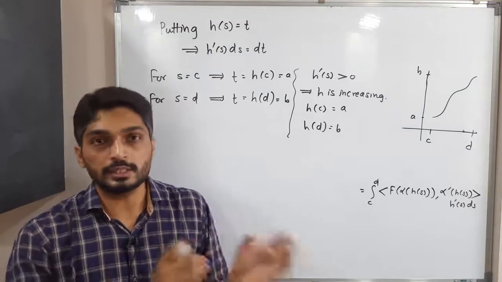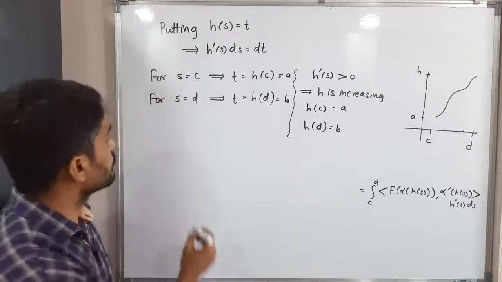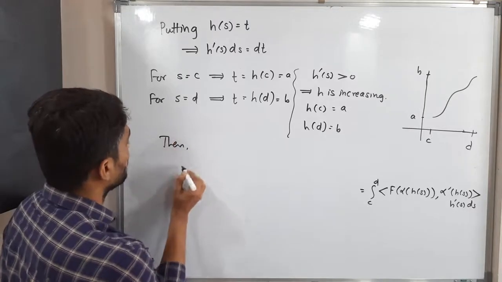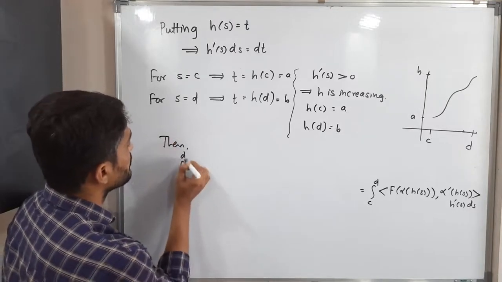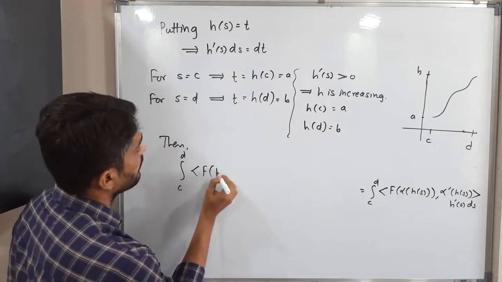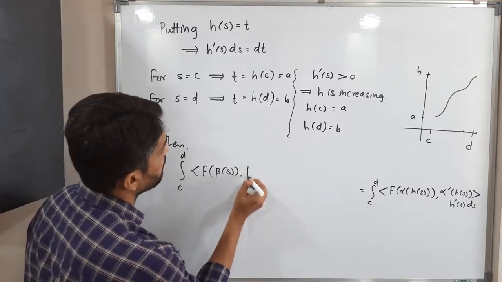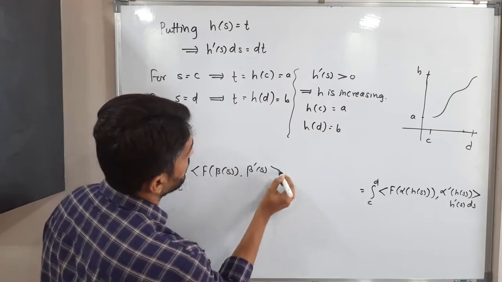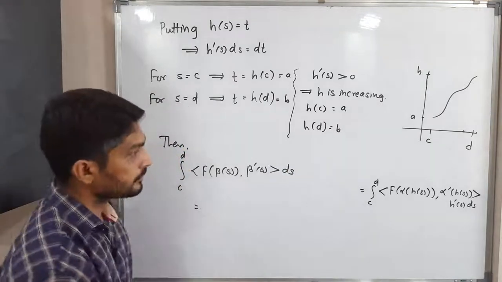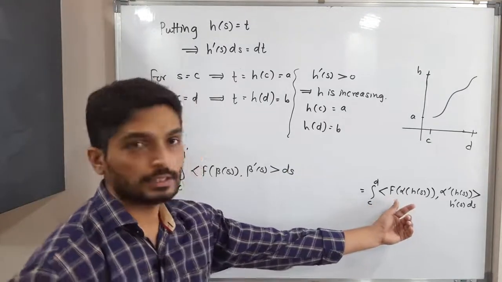So let us put all these things in the given integral. We started with the integration from c to d of f of beta of s, beta dash of s ds. Let me put all these values in this integral.